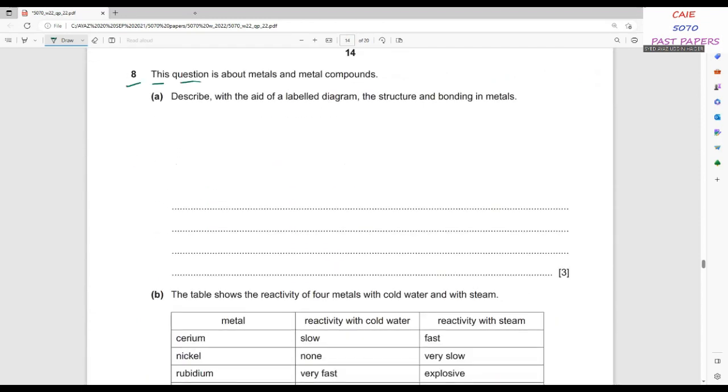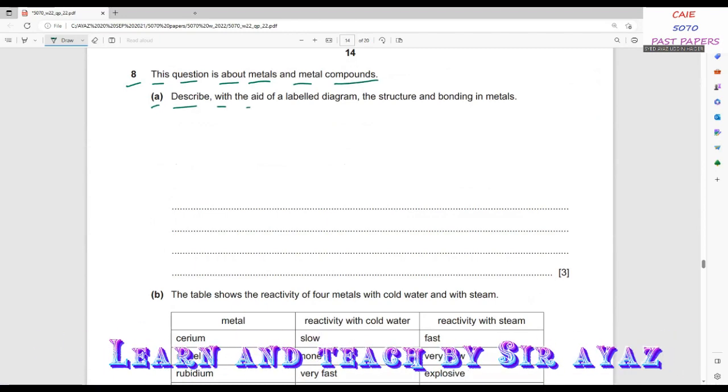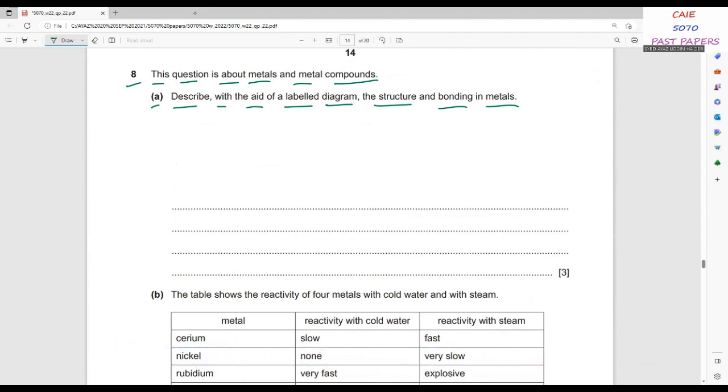Question number 8. This question is about metals and metal compounds. A. Describe with the aid of a labeled diagram the structure and bonding in metals. So you know the metallic bonding in metals. You have to show at least 3 layers. It will be like this: 1, 2, 3. This will be metal cations.